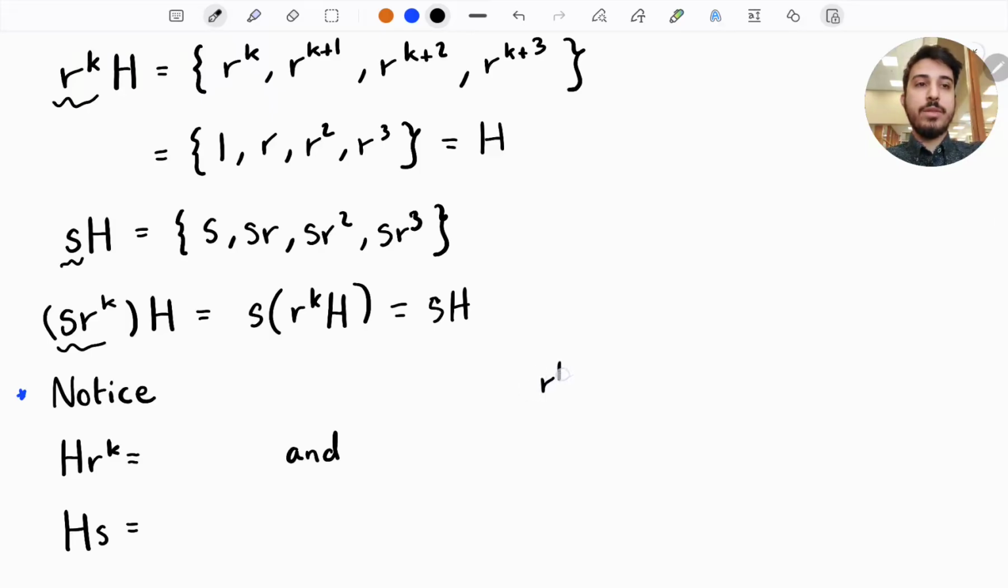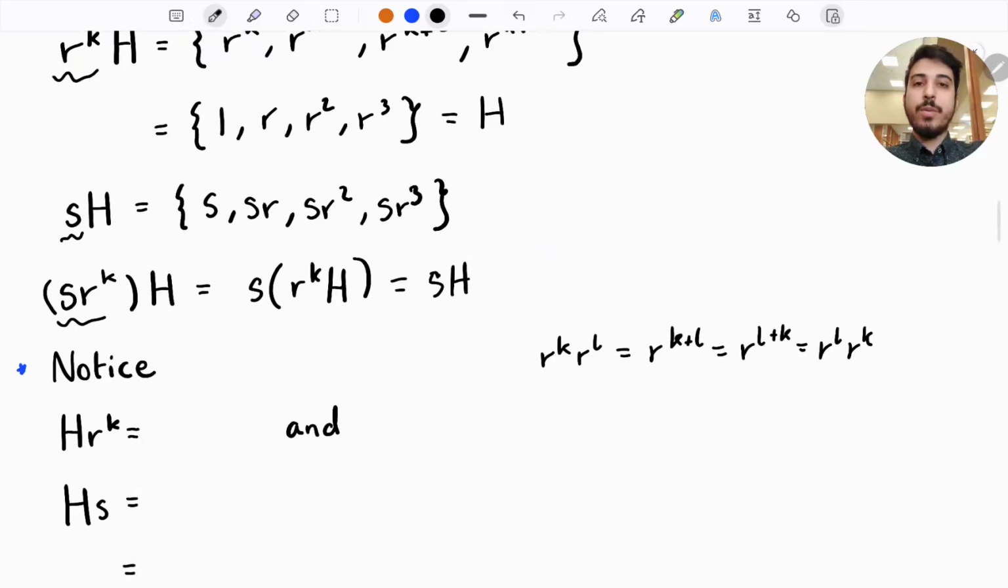So you have R to the K times R to the L is equal to R to the K plus L is equal to R to the L plus K is equal to R to the L, R to the K. So it does not matter the order in which we multiply our powers of R. So we have that naturally H times R to the K is equal to R to the K times H. The right cosets and left cosets are equal for this particular R to the K coset.